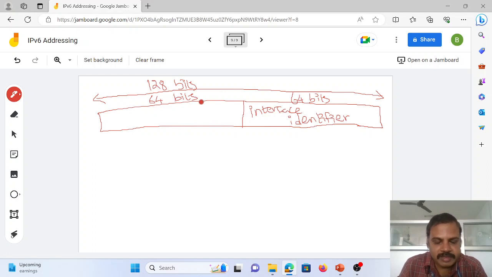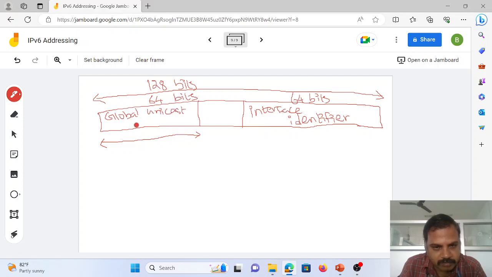The first 64 bit, again we are dividing into two, that is the first 48 bit is called the global unicast prefix. The global unicast prefix is 48 bits.